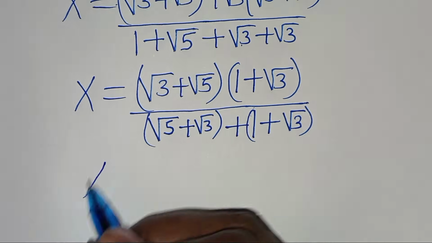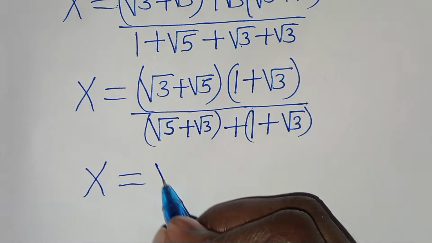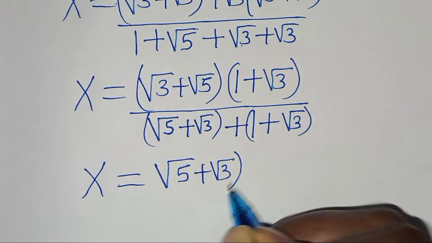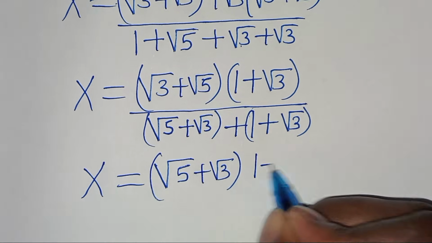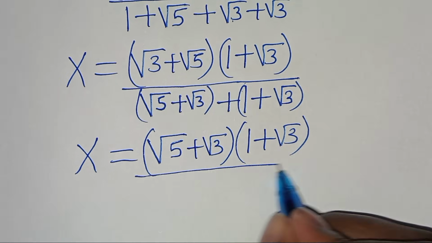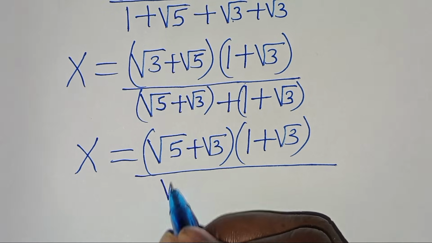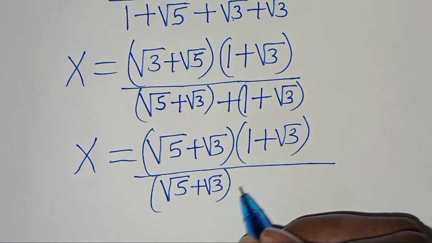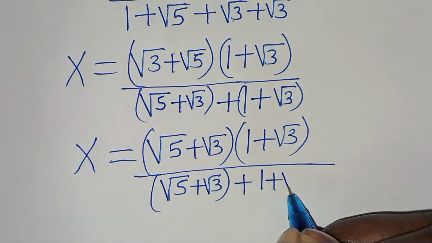Now we can express x as the same thing as square root of 5 plus square root of 3, then 1 plus square root of 3, divided by square root of 5 plus square root of 3 plus 1 plus square root of 3.